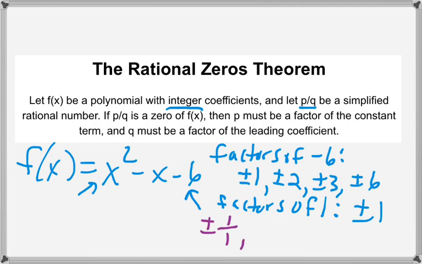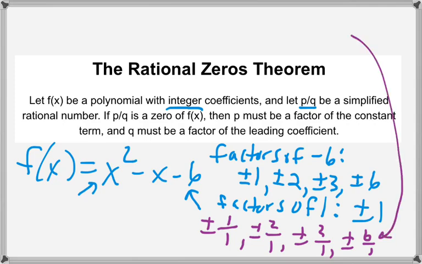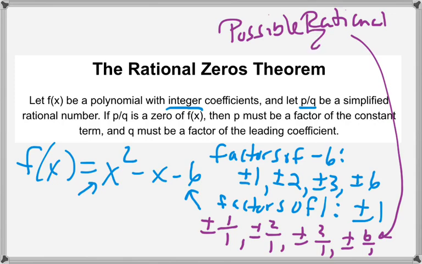So plus or minus 1 over 1, plus or minus 2 over 1, plus or minus 3 over 1, plus or minus 6 over 1. Those are our potential zeros. So we've got 1, 2, 3, 6, and the negatives of those. So we have 8 numbers listed here as our possible rational zeros for this function. These are all possible according to the Rational Zeros Theorem.